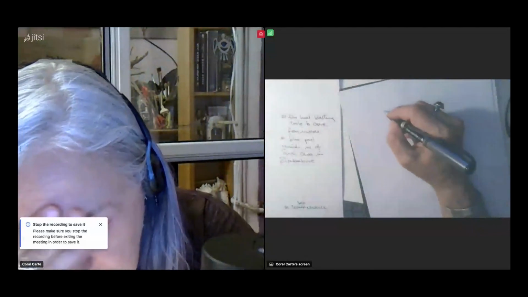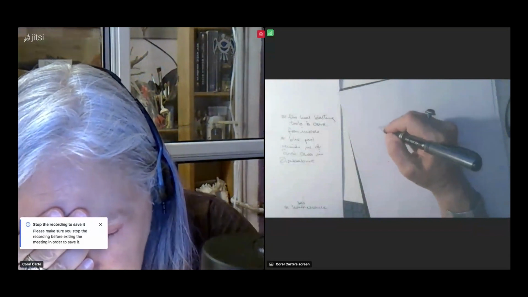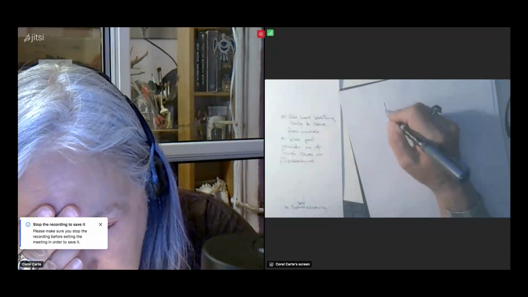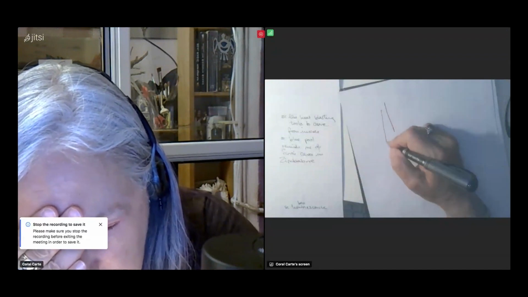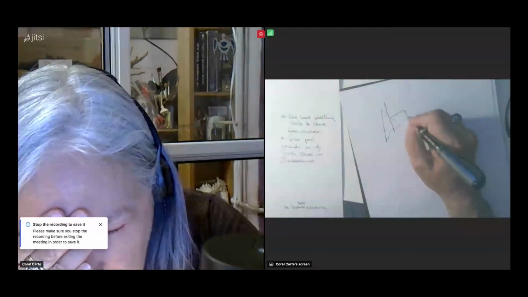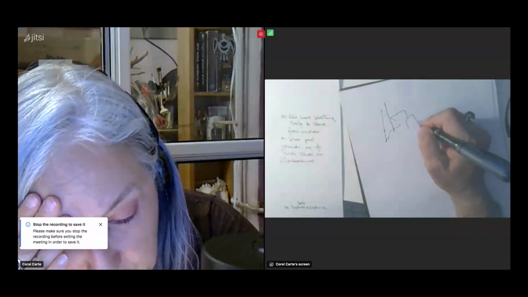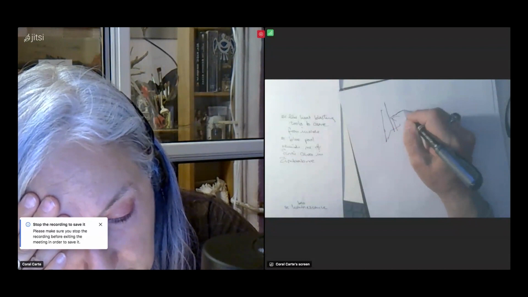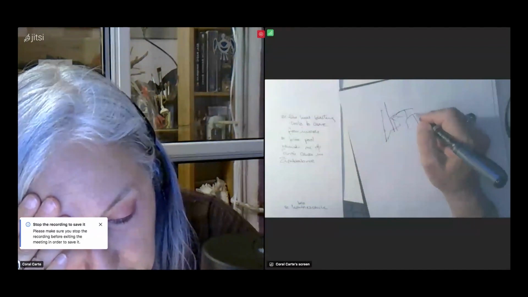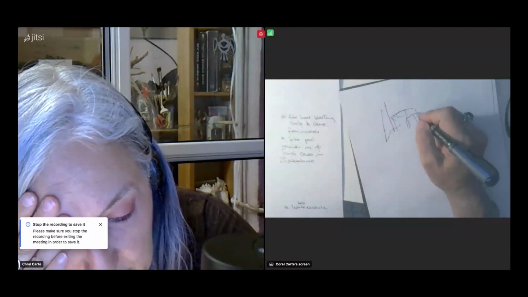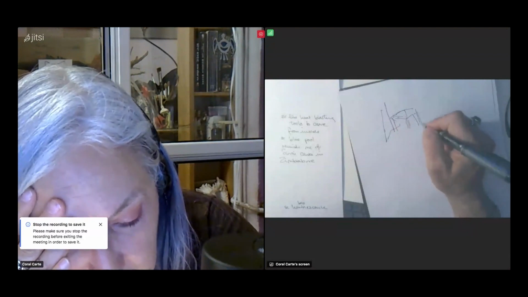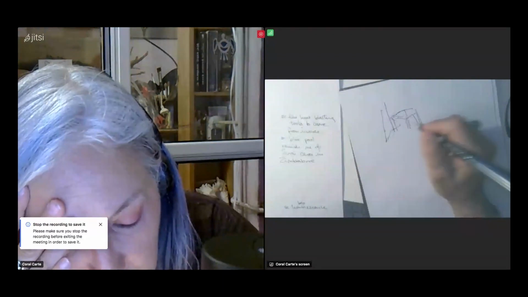I'm looking at something below, and I'm seeing it in my mind's eye. I've got these kind of building things. Whatever it is, it's very beautiful. It's very fine.